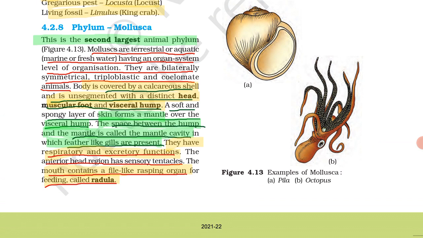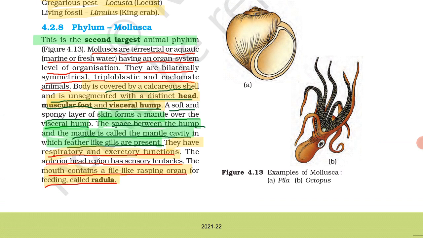The body is covered by a calcareous shell and is unsegmented, with head, muscular foot and visceral hump. So keep in mind they have head, muscular foot and visceral hump. A spongy layer of skin forms a mantle over the visceral hump.